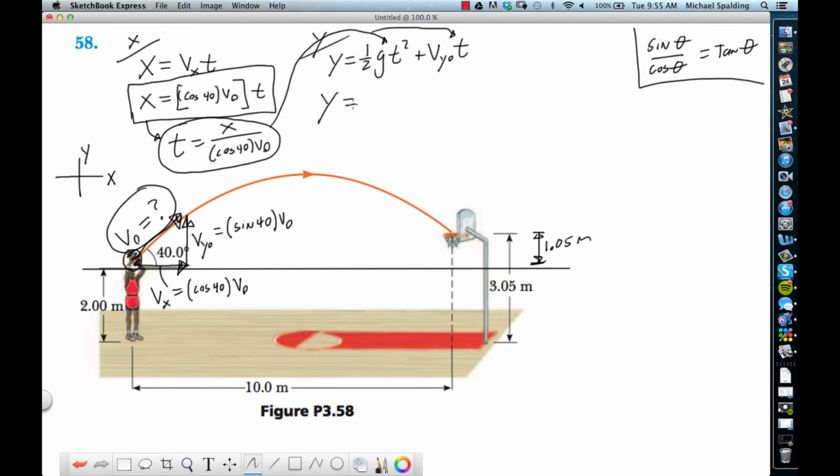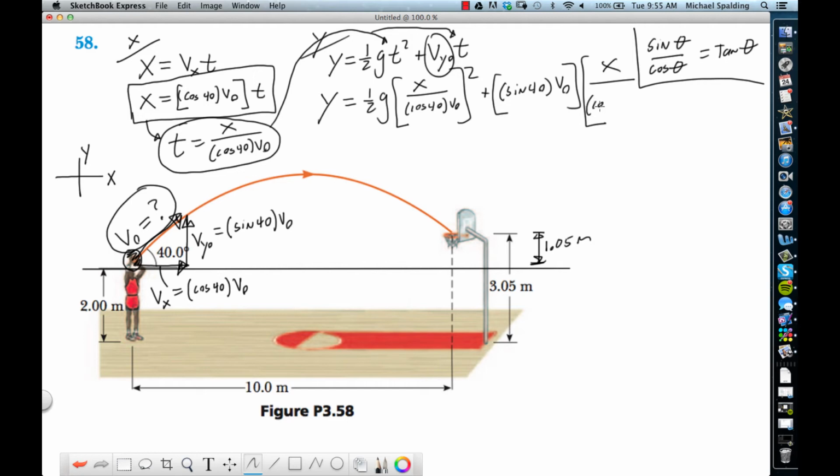So now we have y equals 1/2 g times x over cosine 40 V initial, squared, because t is squared, plus Vy initial, which is sine 40 V initial, times t, which is x over cosine 40 V initial. All right, so that's the worst part. From here, it's going to get a little easier.